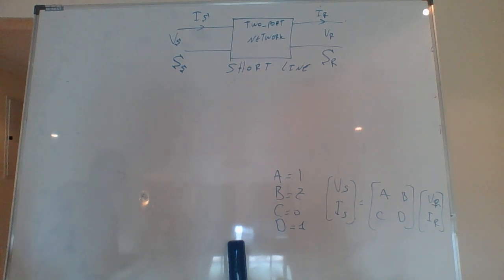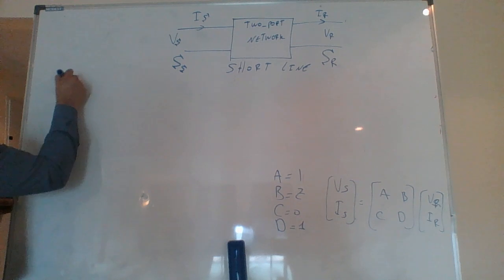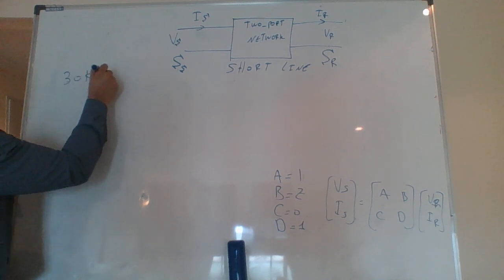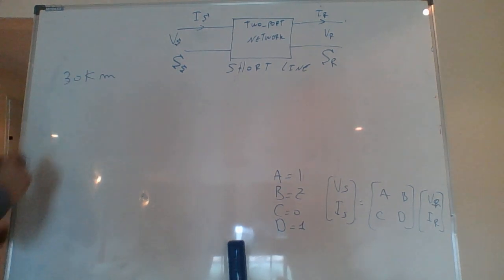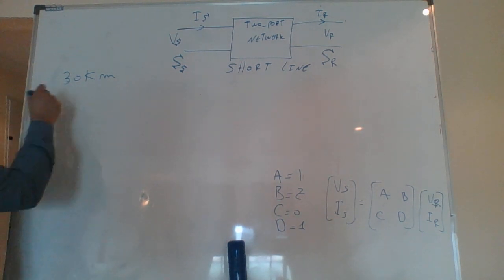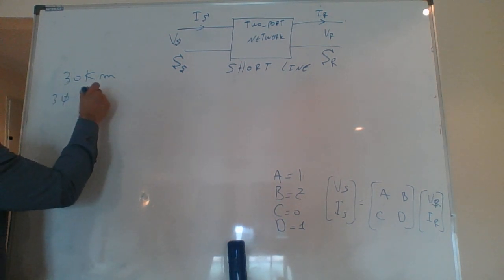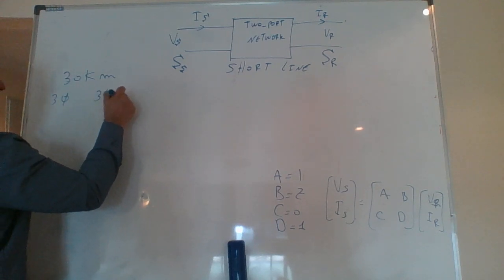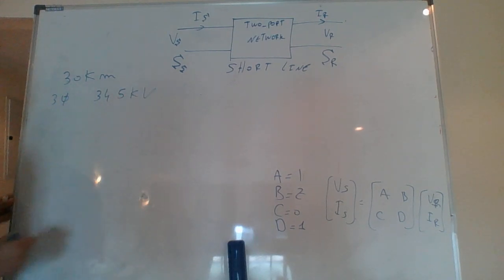Great. I have an example. I have a 30 kilometer line. The line-to-line voltage of the three-phase system is 34.5 kilovolt.